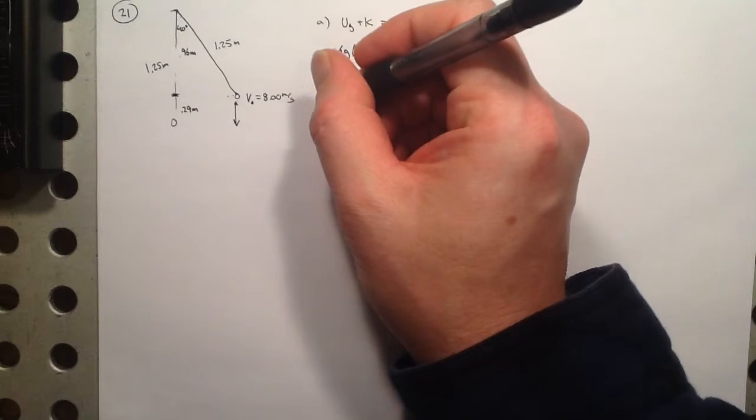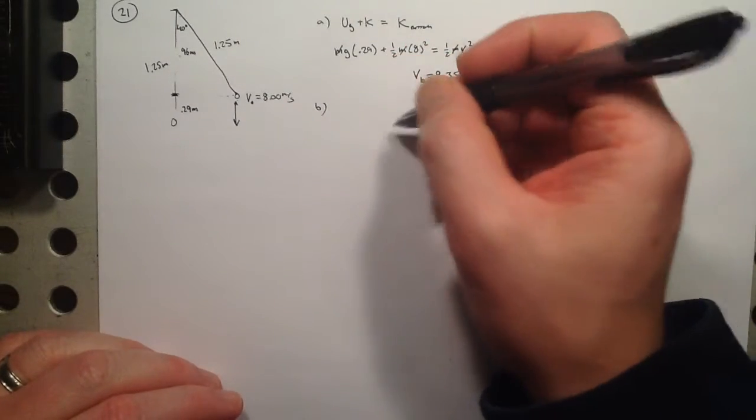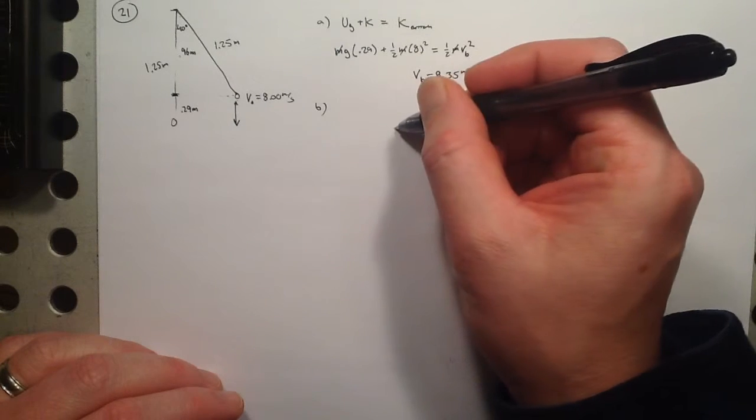Part B. What is the least value that v sub 0 can have if the pendulum is to swing down and then up to a horizontal position? So, if it's going to make it to a horizontal position, let me redraw.